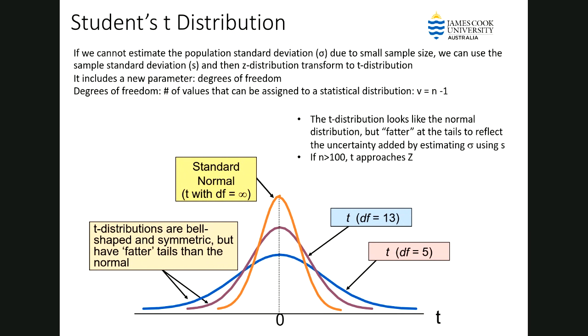So the y scale gives us the probability, and x gives us a particular value, which tells us how many standard deviations away, or based on the degrees of freedom, how many t values away from the assumed mean. Okay.